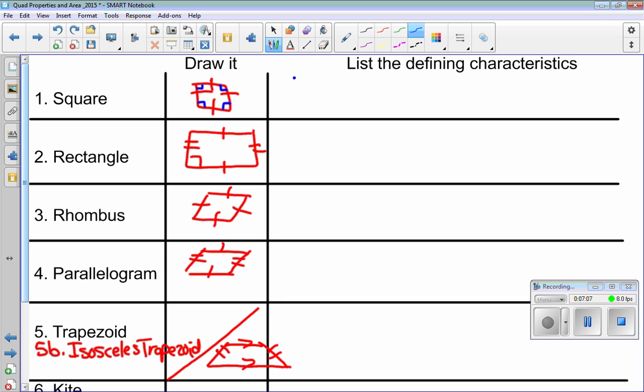I'm going to put on all of these three the same one. They have the same characteristics or the same properties as a parallelogram. So we're going to say that it's a parallelogram. So anything that we list underneath parallelogram will also apply to a square, and it will also apply to a rectangle.